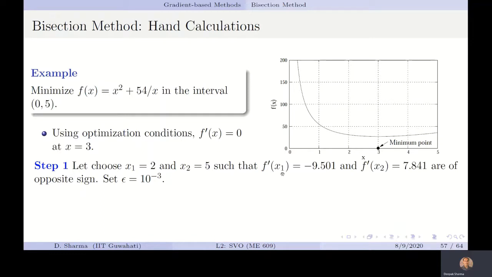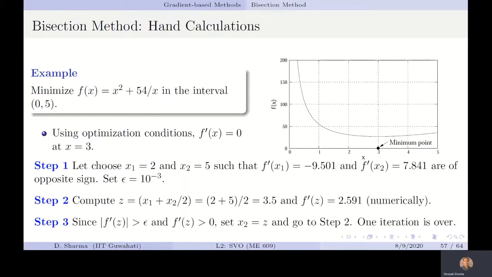When we find the derivative at x1 and x2, you will realize that the signs are opposite, so we can go ahead. We set epsilon to 10 to the power minus 3 to terminate the algorithm. Now step 2: we calculate the middle point.